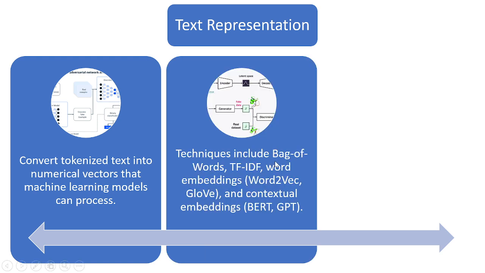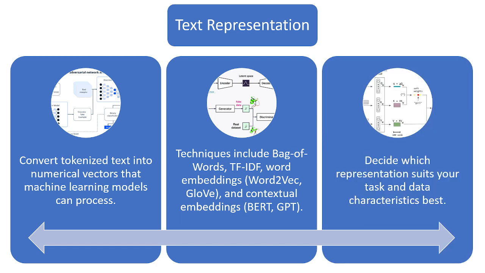There are different techniques like bag of words, TF-IDF, or embeddings. These are the techniques to convert your textual data into numerical vectors. There's Word2Vec, GloVe, and contextual embeddings like BERT and GPT. These are the text representation techniques with which we can convert the tokenized text into a vector.